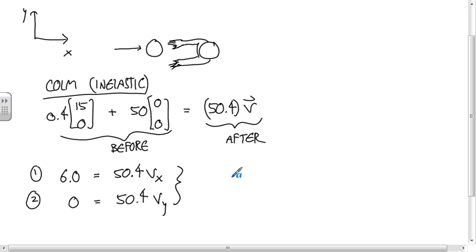And so the velocity vector after the collision is equal to 0.119 meters per second, 0. Does that make intuitive sense that they're moving so slowly after the collision when the ball came in at 30 miles an hour or something?